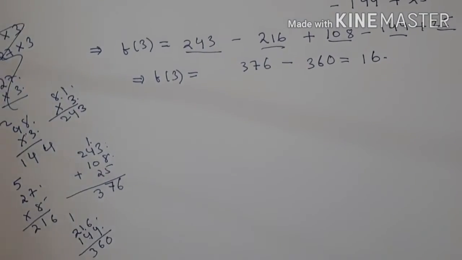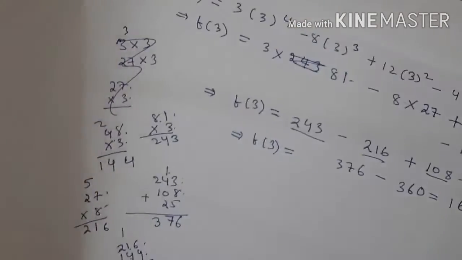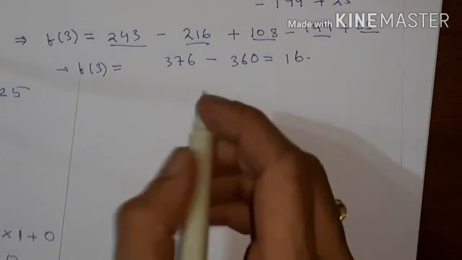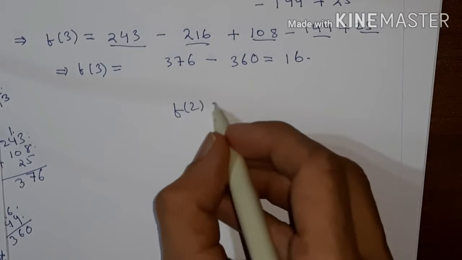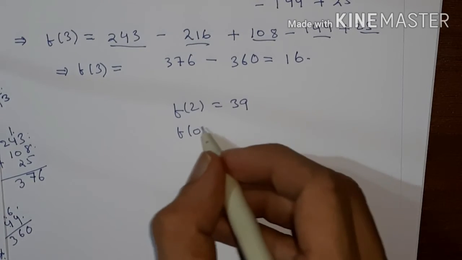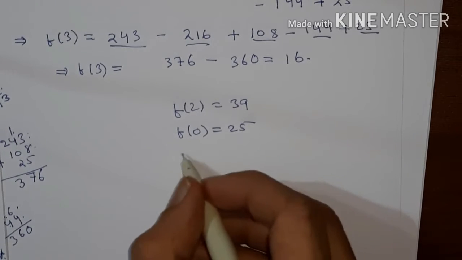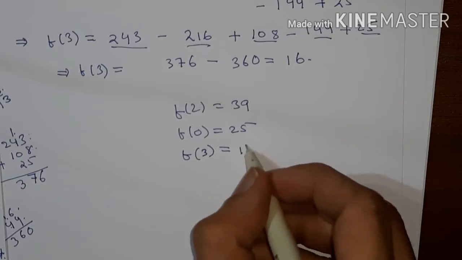So what are the values you got? The first value was f of 2, that was minus 39. The second value was f of 0, which is 25, and the third value was 16.